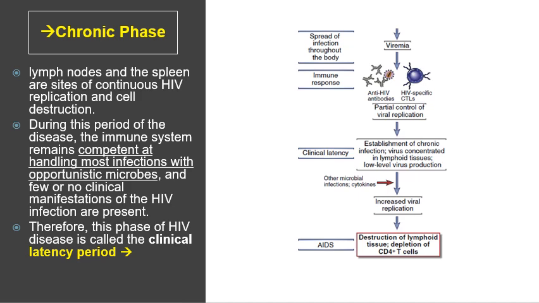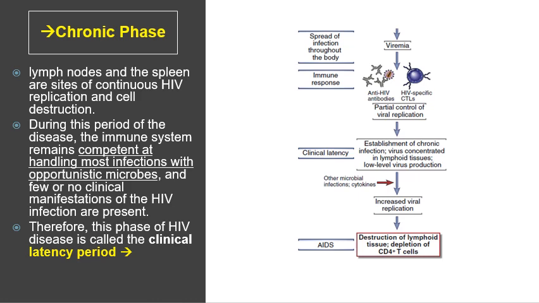At this point, the patients will enter a chronic or clinical latency period, which can last between 2 to 10 years. In the chronic phase, the lymph nodes and spleen are sites of continuous HIV replication and cell destruction.